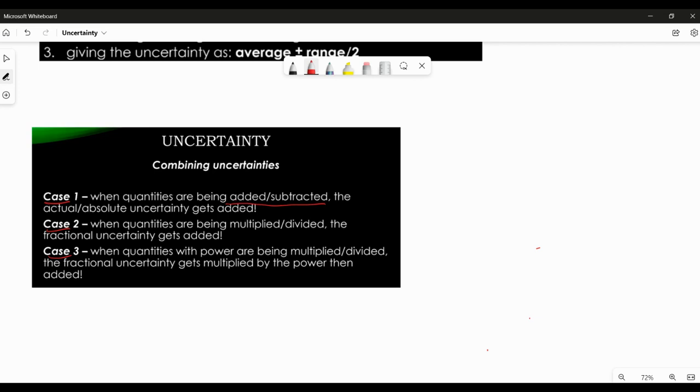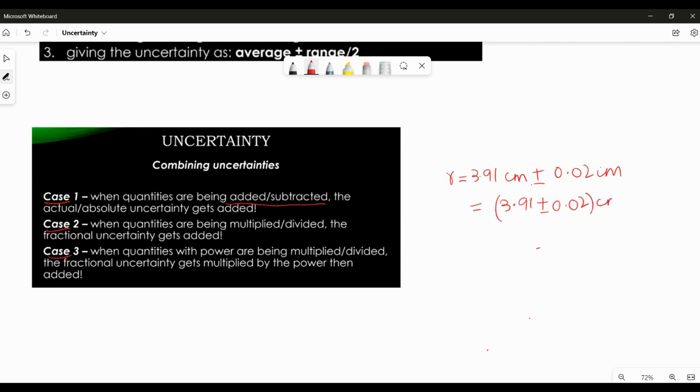Let's take as an example that we have measured the radius of a sphere to be 3.91 centimeter with an absolute uncertainty of 0.02 centimeter. Or I can just write it, instead of repeating the unit twice, as 3.91 plus minus 0.02 centimeter.